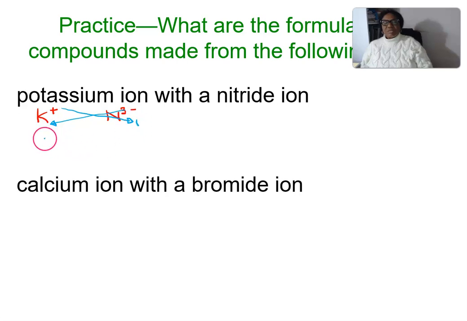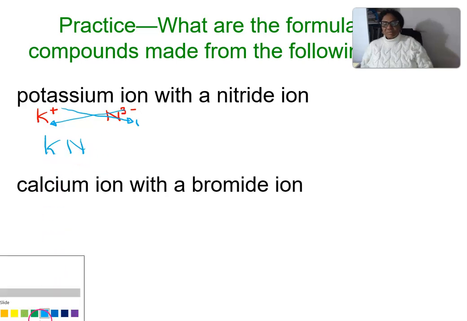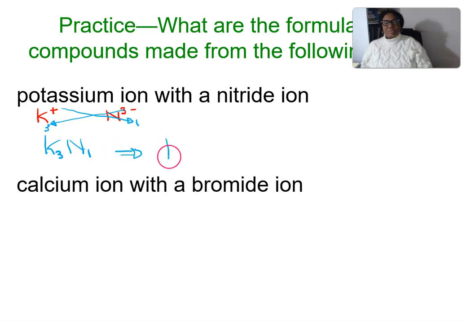So the formula is K3 and N1. But because we don't put 1, this now leads to K3N. So that's the formula of potassium nitride.